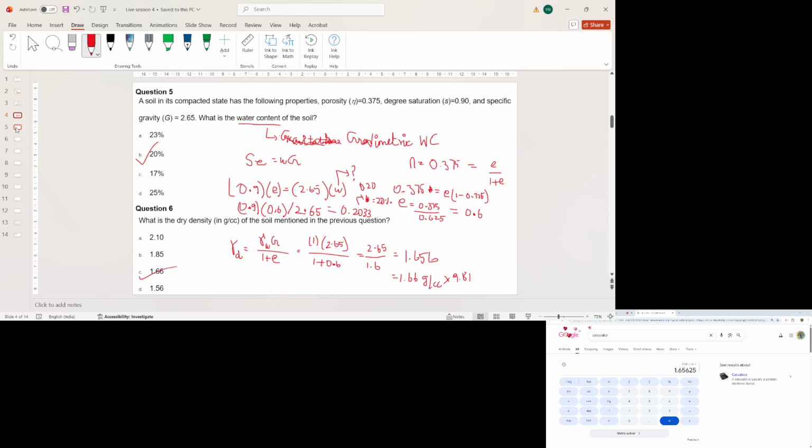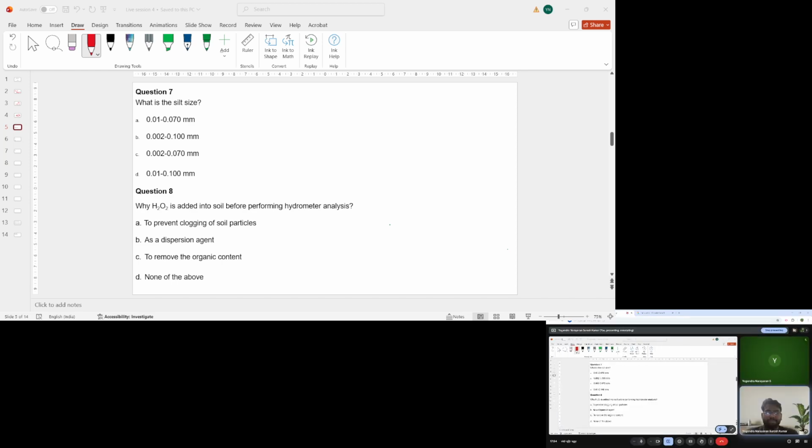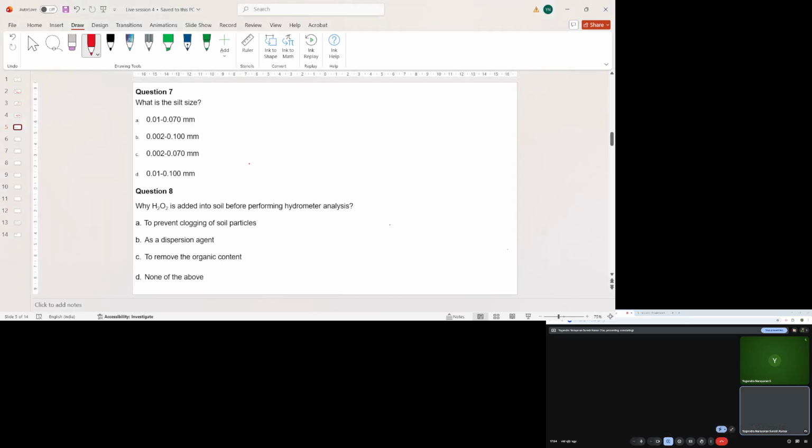Back to the next question. Coming back to the next question, what is the size of the silt? So what is the silt size?